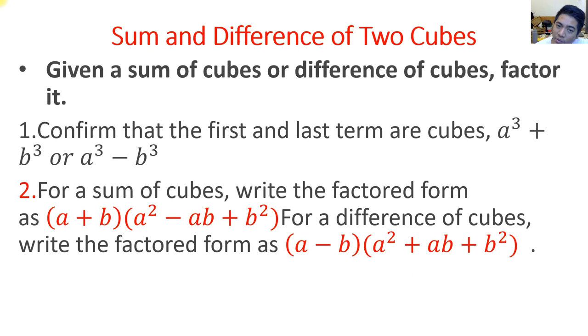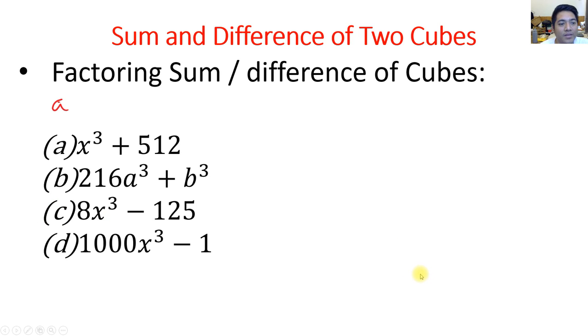We are going to confirm first that we can get the cube root of a cubed and also of the constant term before we get the factored form. So let us try factoring the sum and difference of cubes. You have x cubed plus 512.